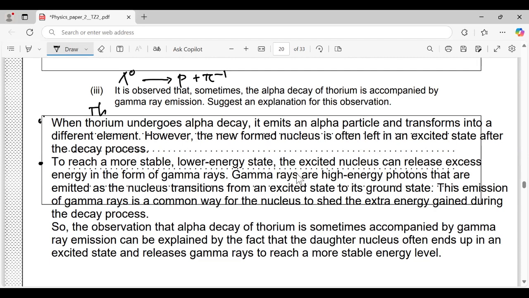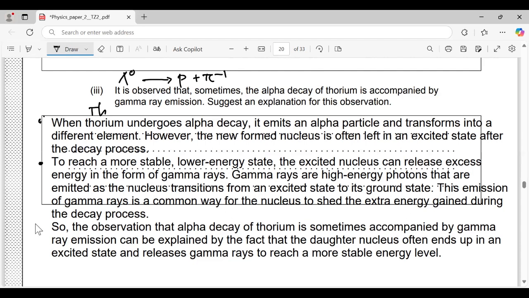Gamma rays are high energy photons that are emitted as the nucleus transitions from an excited state to its ground state. This emission of gamma rays is a common way for the nucleus to shed the extra energy gained during the decay process.